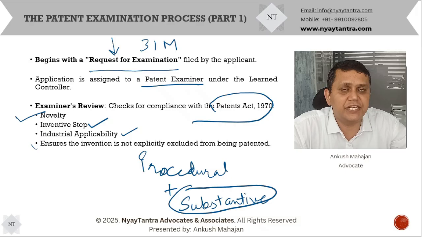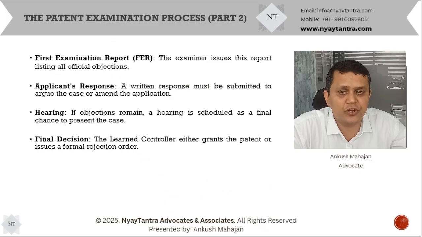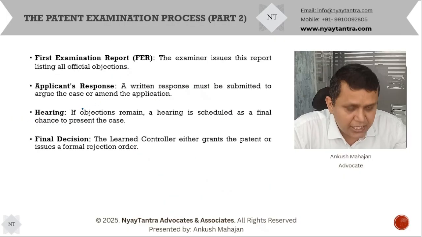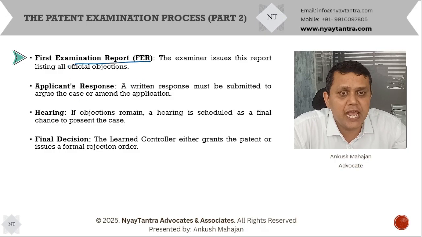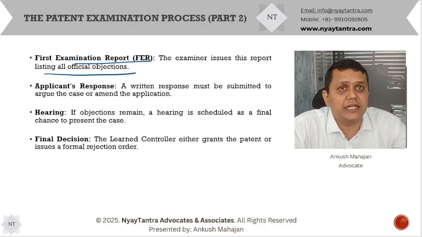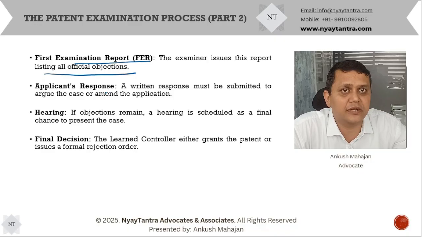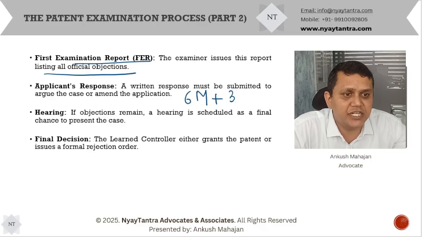Once the examination is completed by the patent examiner, the learned Controller reviews the examination report and issues the formal examination report in the form of the FER, which we call the first examination report, and it includes all the official objections. The patent applicant has a statutory timeline to respond to these objections, which is typically firstly a 6-month timeline and then an additional 3-month timeline.